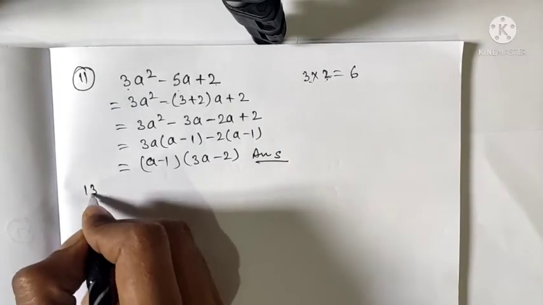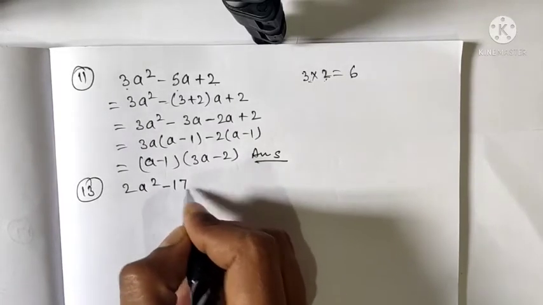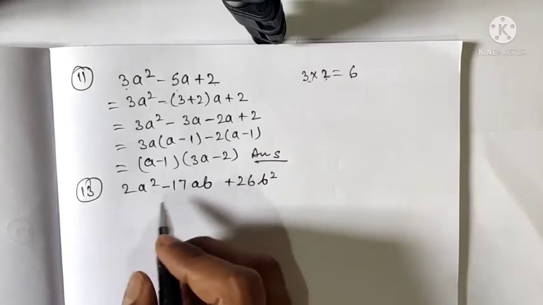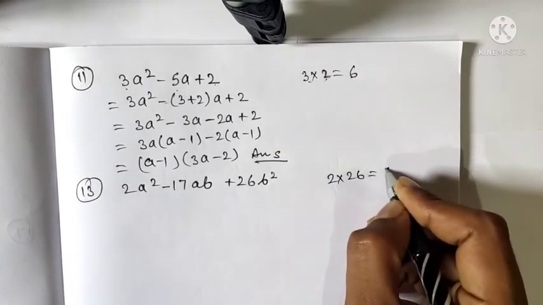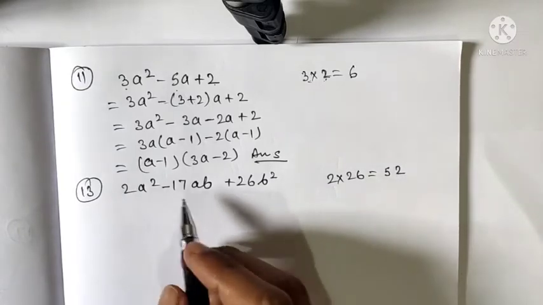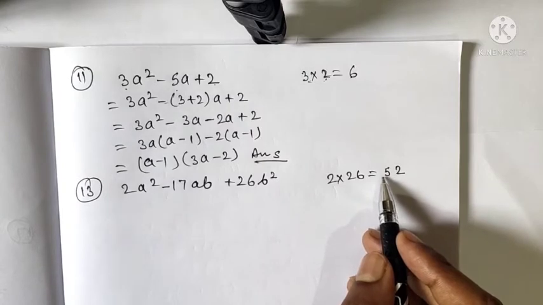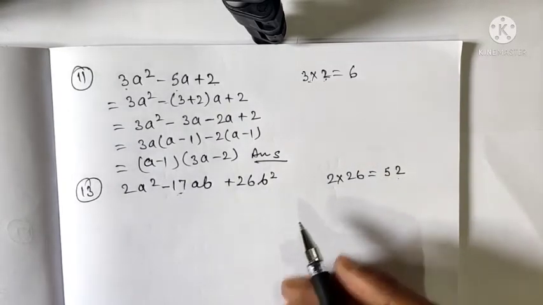Now question number 13. Question number 13 is 2a square minus 17ab plus 26b square. Since this is also a trinomial, we will multiply 2 and 26, it will be 52. Since the sign of 52 is positive, we have to find the factors of 52 in such a manner that their sum will be equal to 17.